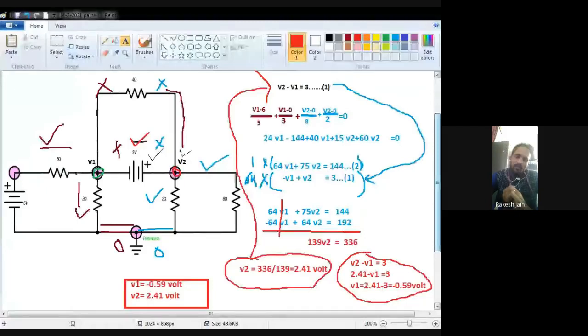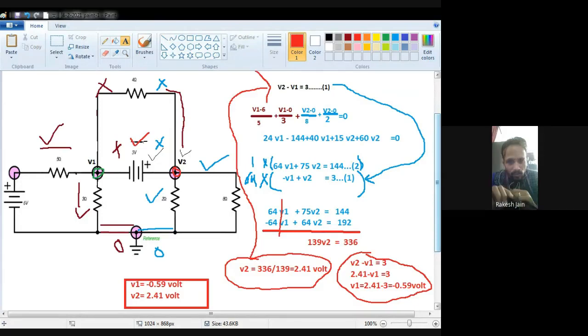How to write down the supernode equation? While writing the supernode equation, remember one thing: you should neglect all those branches which are directly between those nodes which create the supernode.